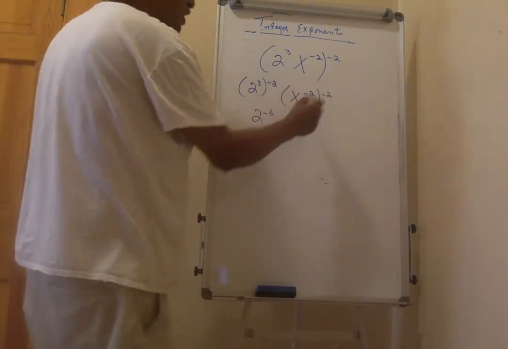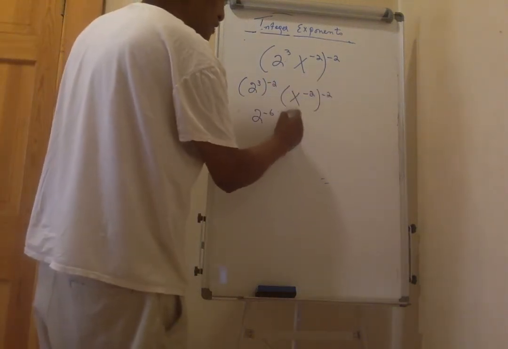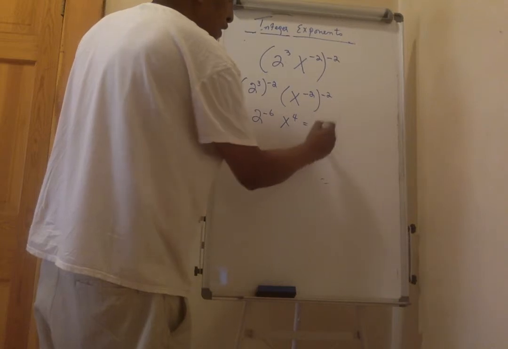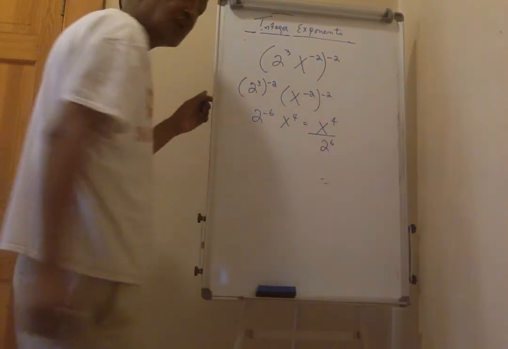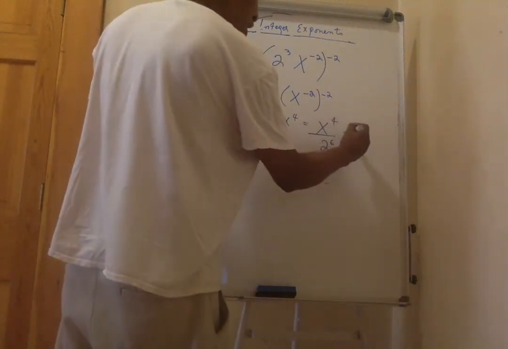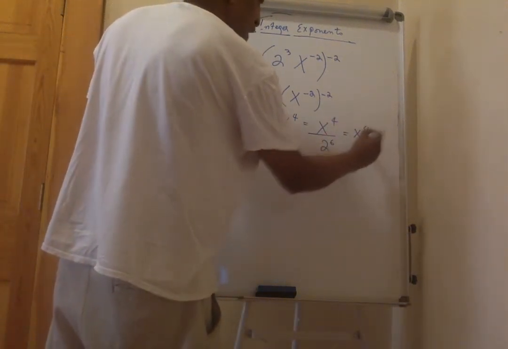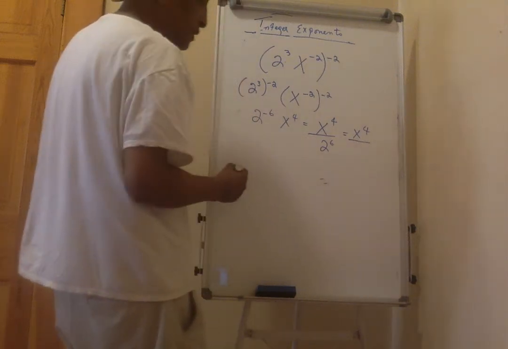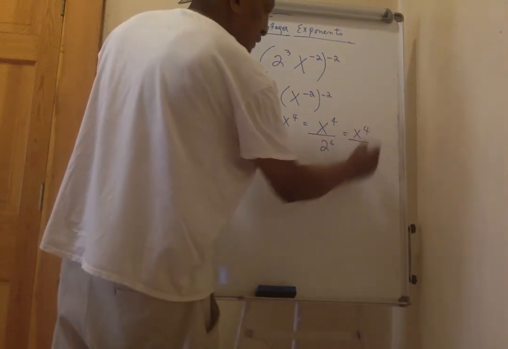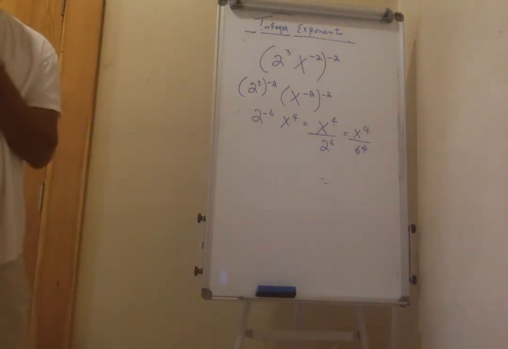Negative 2 times negative 2 gives us x to the 4. And then you have x to the 4th over 2 to the 6th, right? Then go ahead, you have a calculator. 2 to the 6th would give us 64.